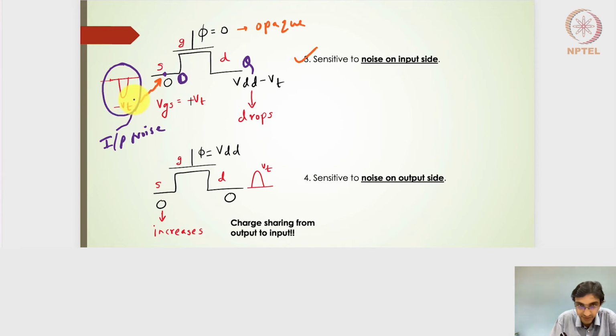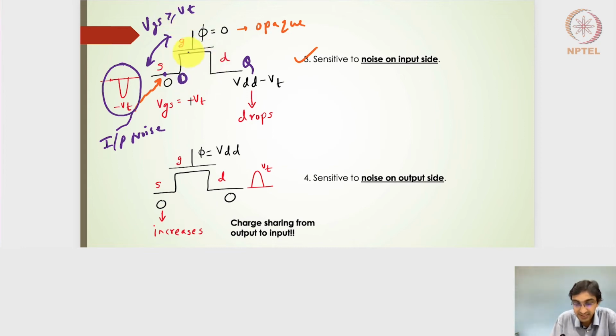If it has minus Vt here, or more than minus Vt, then I have this VGS going to be equal to or greater than Vt. So this voltage, VGS, will now be greater than or equal to Vt based on this noise signal. If it is minus Vt or more than minus Vt, in the sense that the magnitude is more than the Vt value, then I have VGS greater than or equal to Vt.